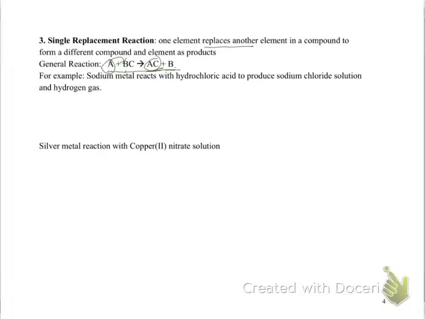Let's look at the example. For example, sodium metal reacts with hydrochloric acid to produce, means arrow, sodium chloride. Sodium chloride is NaCl and hydrogen gas H2.